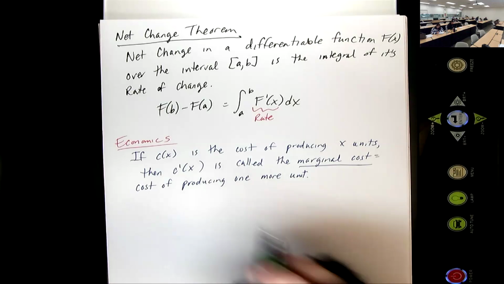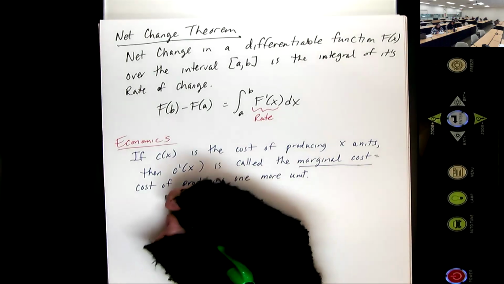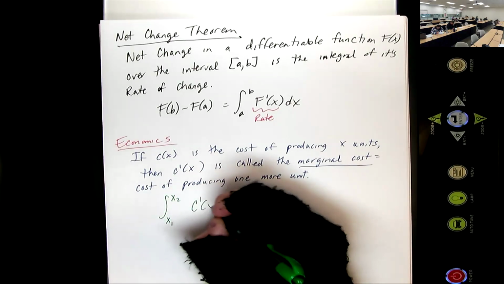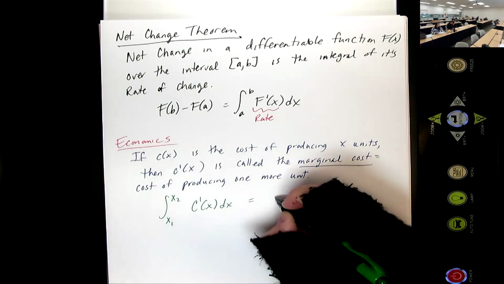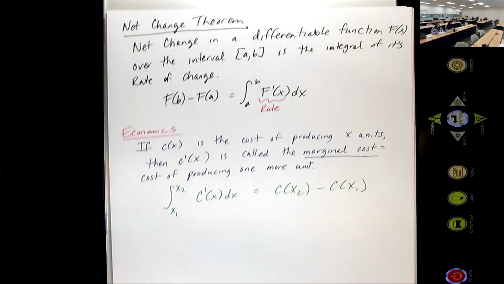For a rate of change, it's often done as a unit rate. So if we're doing the integral from x1 to x2 of c prime of x dx, we're gonna get c of x2 minus c of x1 by this net change thing.